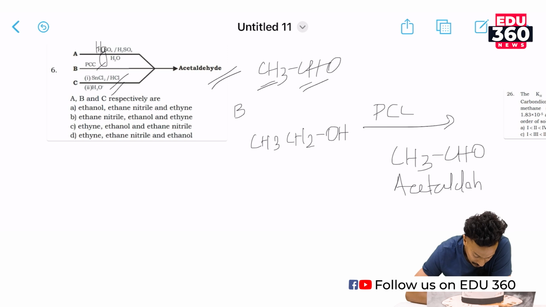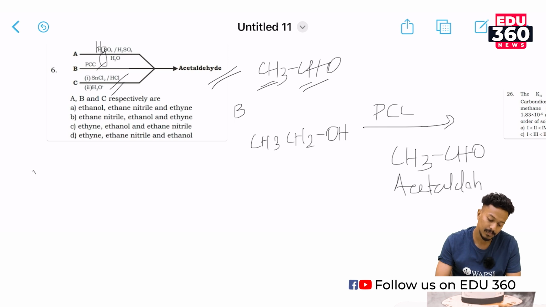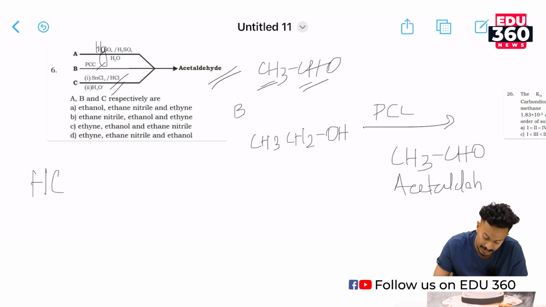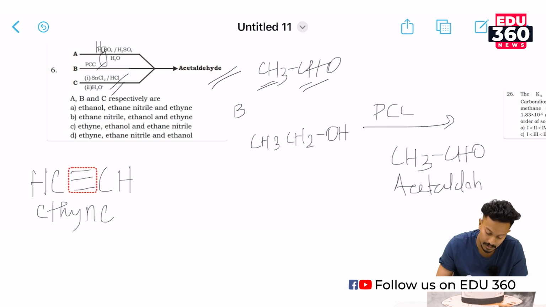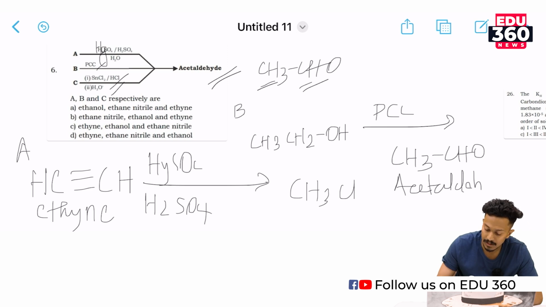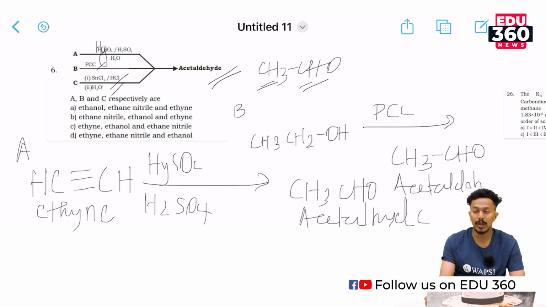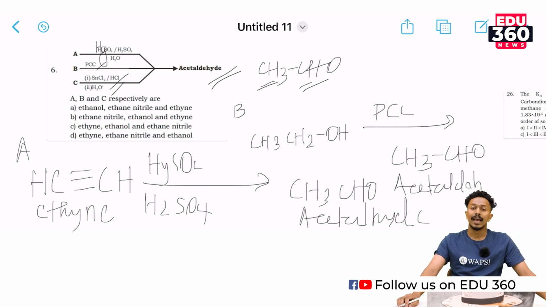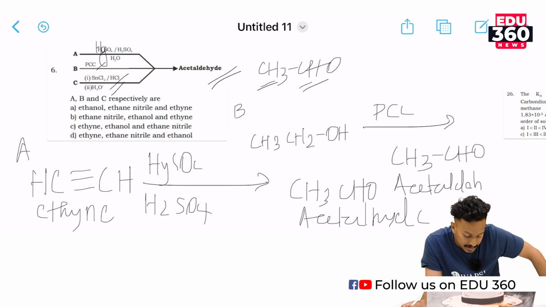The only triple bond compound here is ethyne, HC triple bond CH. This is ethyne, which is compound A. When treated with HgSO4 and sulfuric acid, we get CH3CHO, acetaldehyde. So A is ethyne, B is ethanol, and we have to find out C.